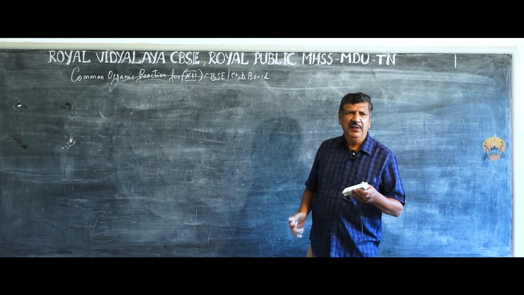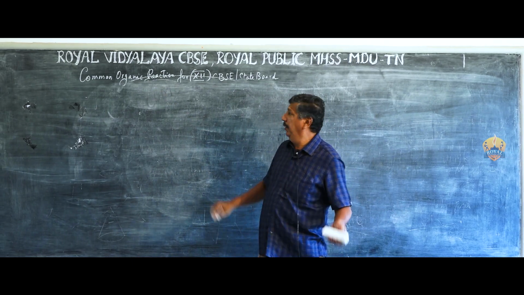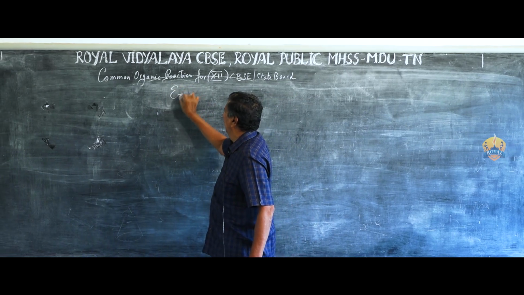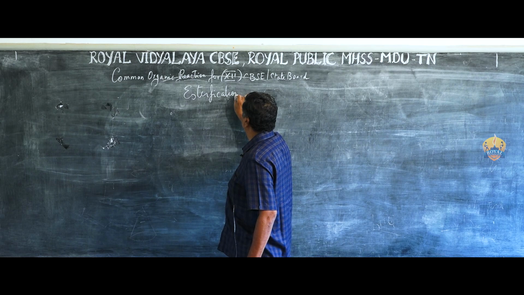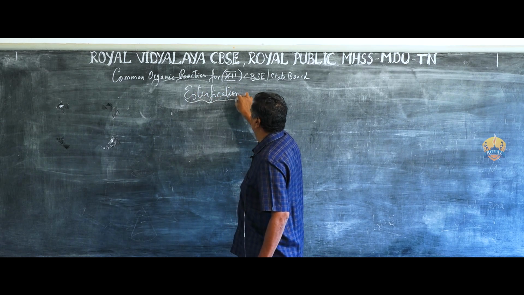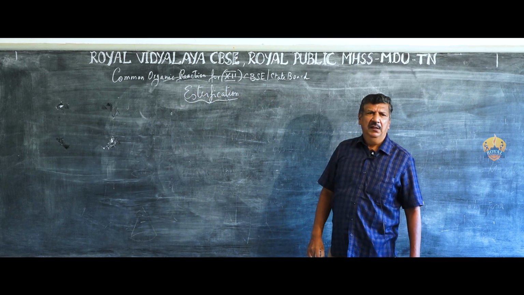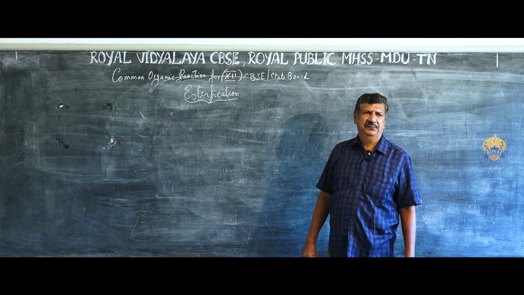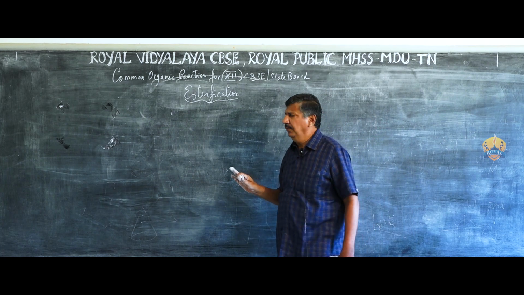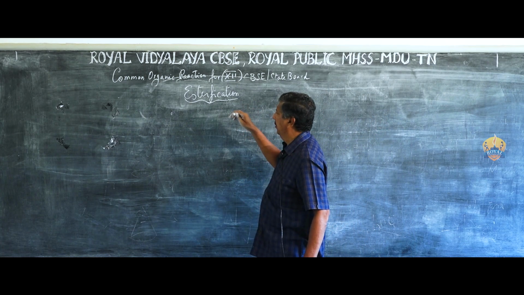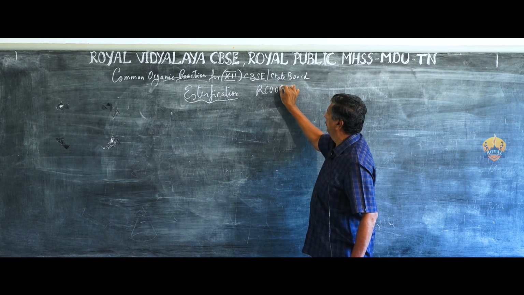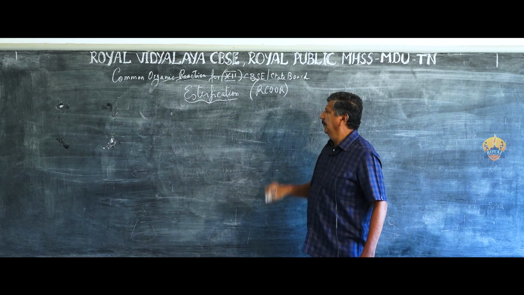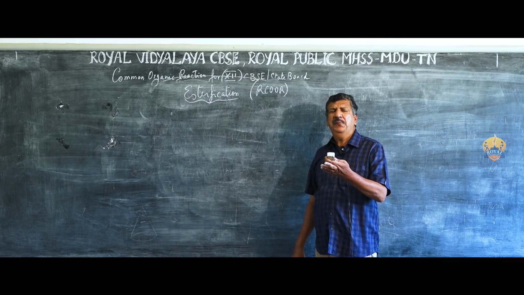After acids, we are going to see esterification. Ester means, you know the formula, like this. This is the ester. Now I will tell you how to prepare the ester.